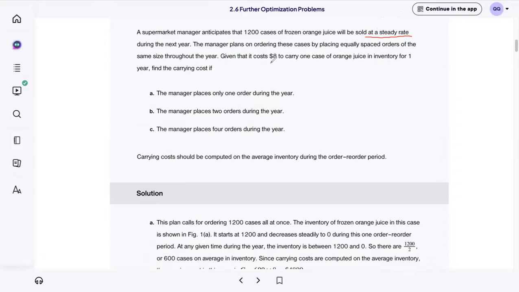Given that it costs $8 to carry one case of orange juice in inventory for 1 year, find the carrying cost if the manager places only 1 order during the year, 2 orders during the year, or 4 orders during the year.